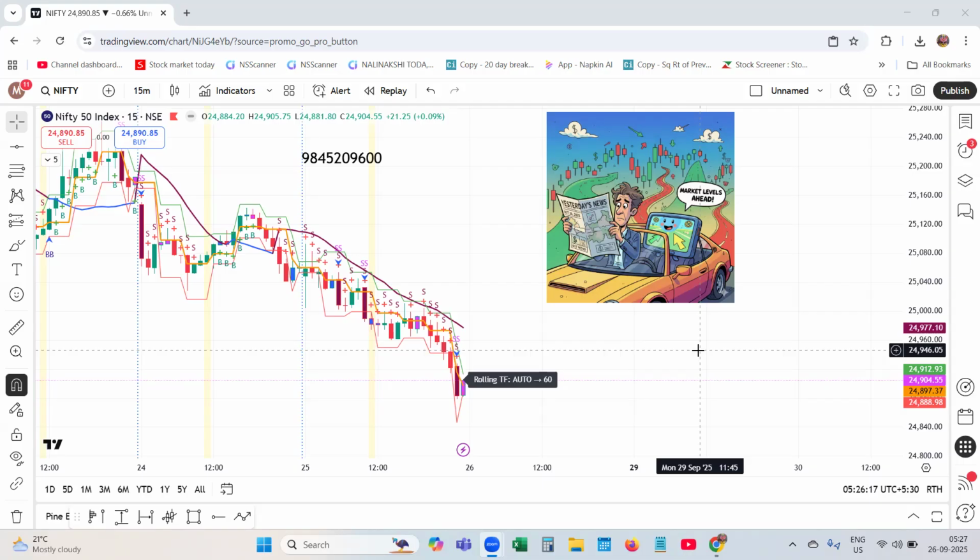These are not fixed support levels drawn on the chart. It is constantly dynamic support and resistance that you are going to get with this indicator. This helps traders take intraday decisions with more accuracy because the levels evolve with the flow of the market itself. You must understand this.